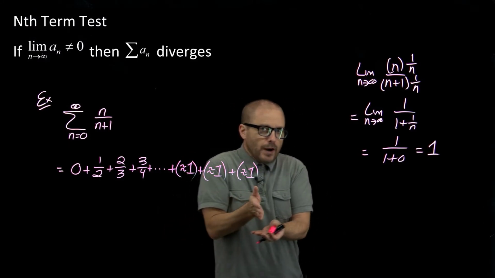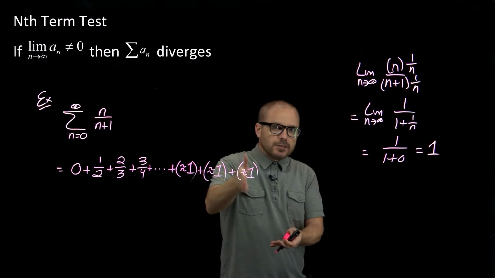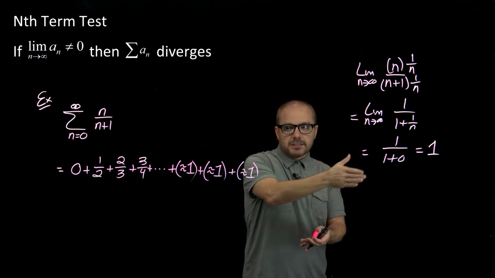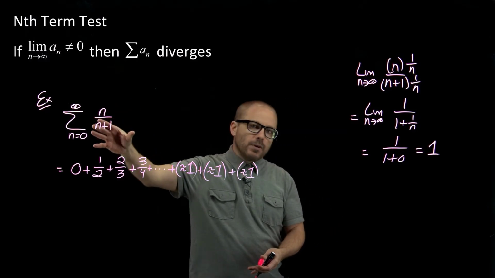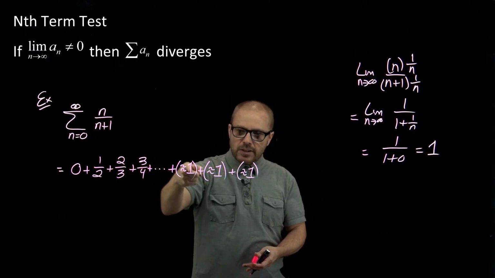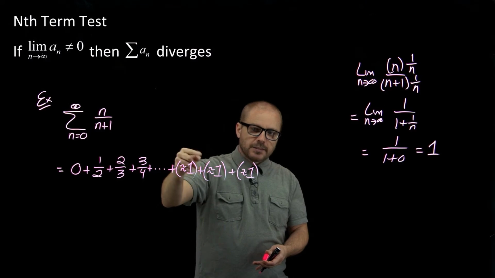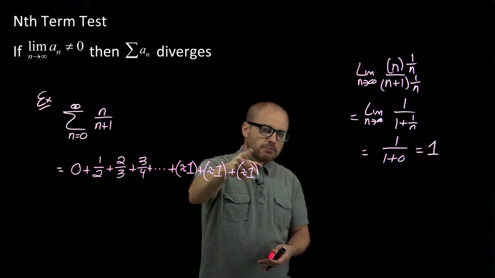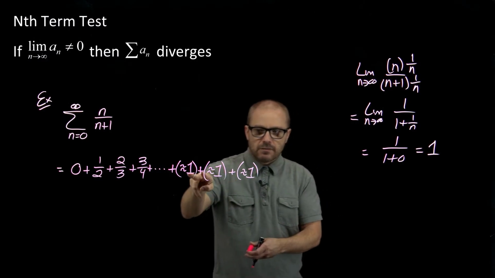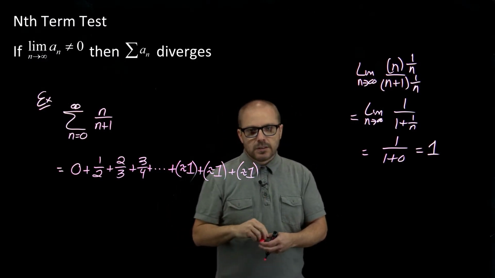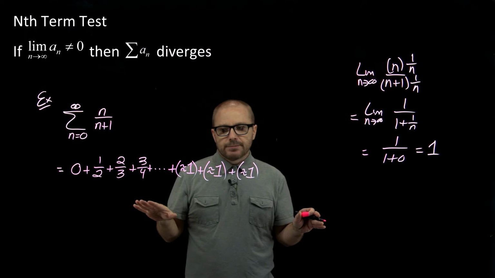So your running total is going to be increasing by 1 basically each time. So it's just running off to infinity. The only hope of a series converging is if eventually you're adding next to nothing, next to nothing, next to nothing. So if you're not eventually adding things very, very close to 0, you have no hope of converging.